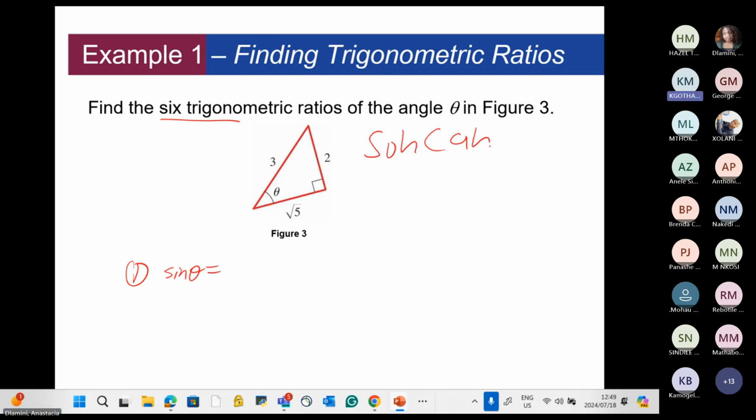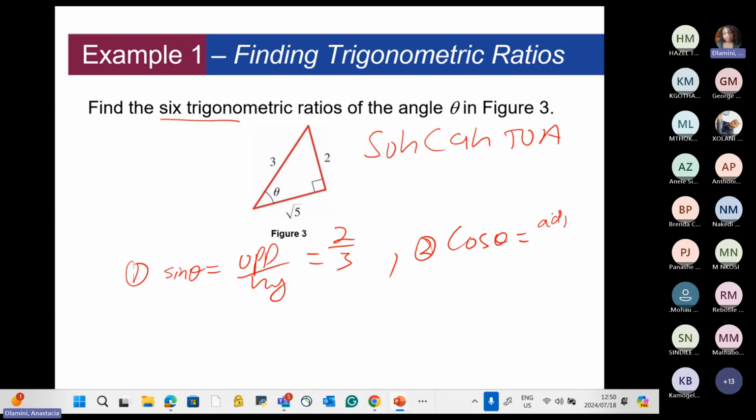Opposite over hypotenuse, so it's opp over hyp. So this will be 2 over 3. The second one, cos theta, will be adjacent over hypotenuse. So it will be equal to square root of 5 over 3.